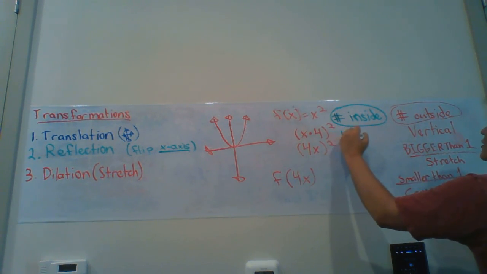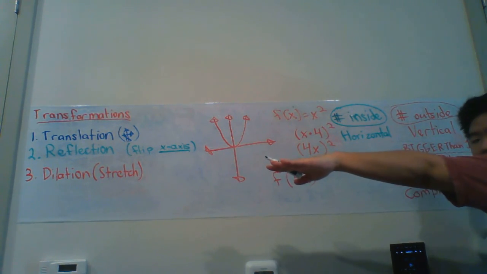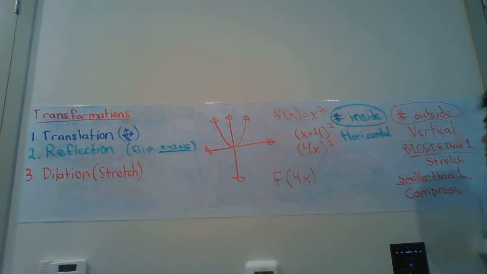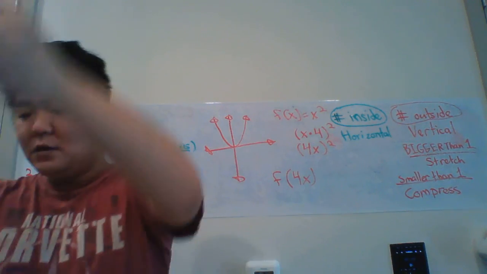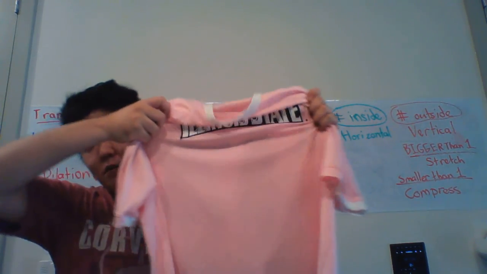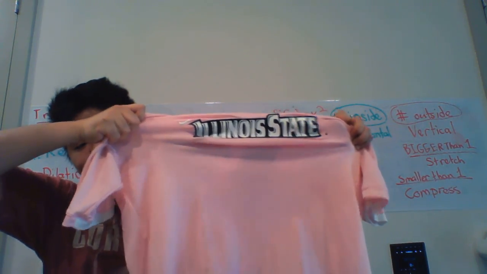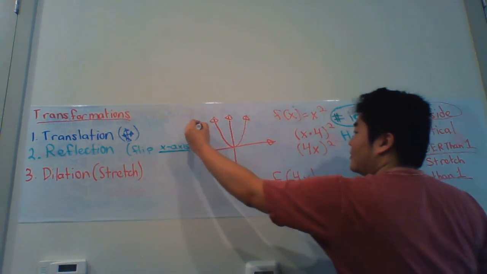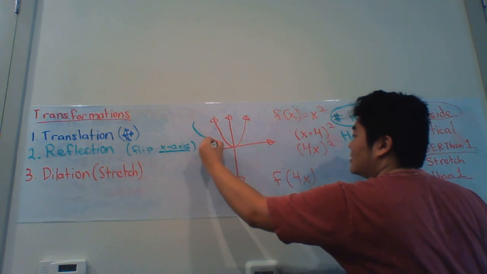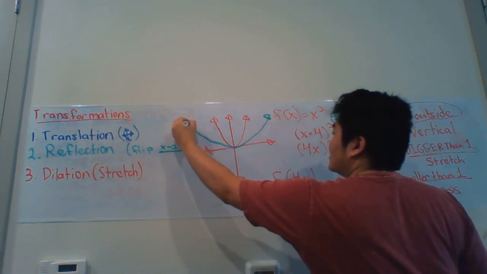Well, for the number on the inside, we're talking about horizontal. Horizontal means left and right, so like this, a flat line. That's what we're looking for. And if I bring out the t-shirt again, it's going to look like this. We're stretching it out, right? If you see, the t-shirt is getting wider because of that. So, if it's getting wider, my new parabola should now look like this.